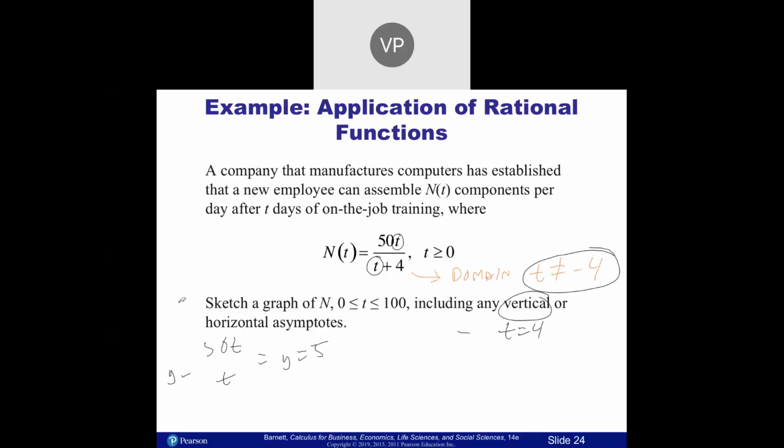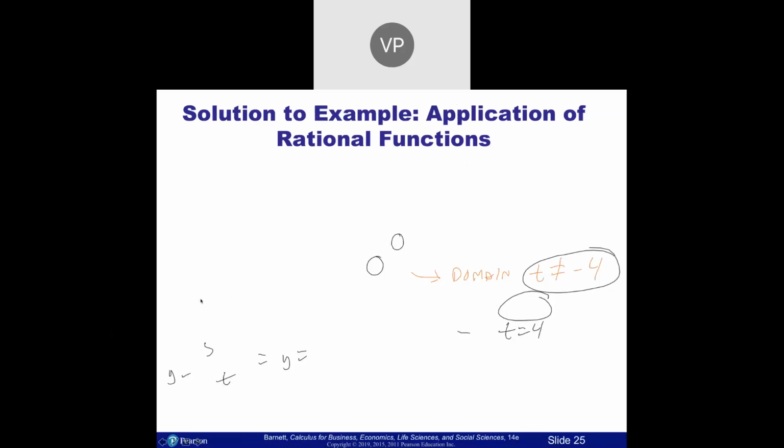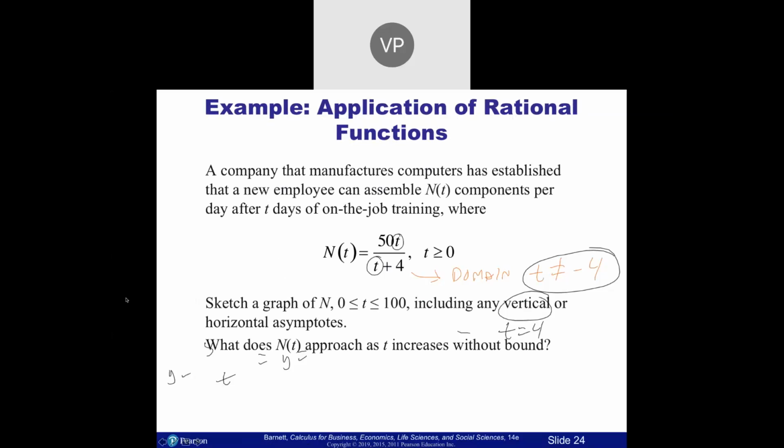Okay, so now what does the function approach as t increases?